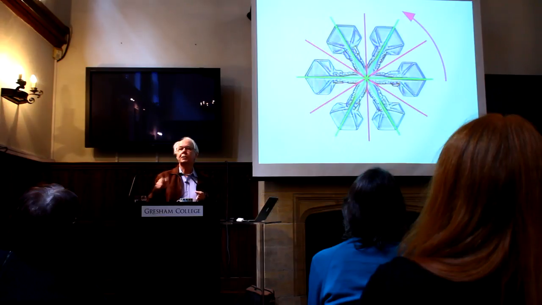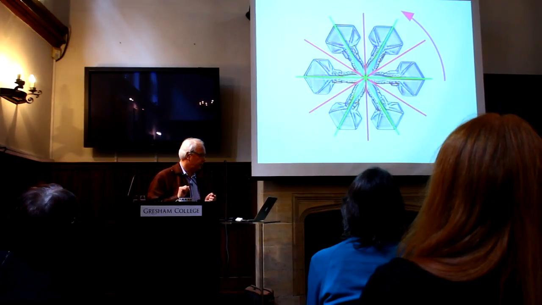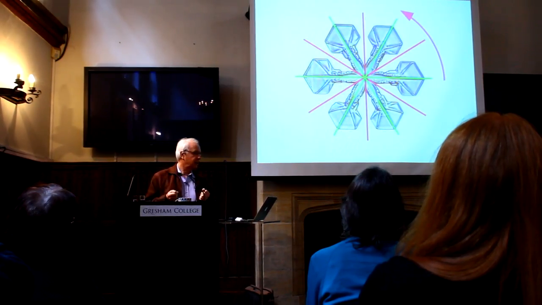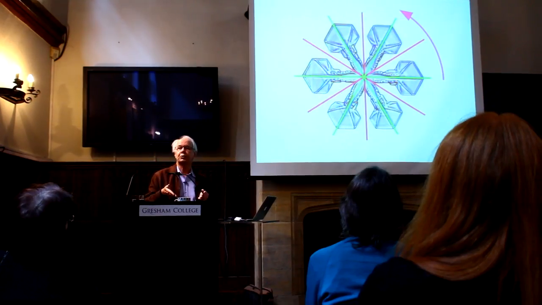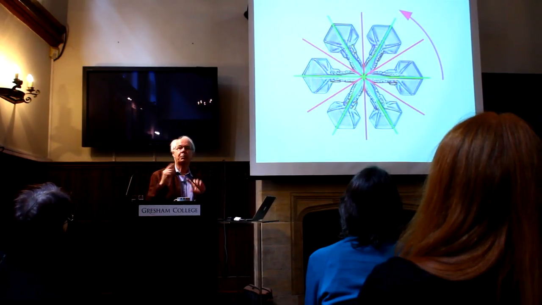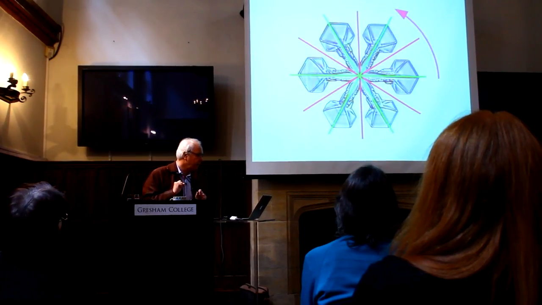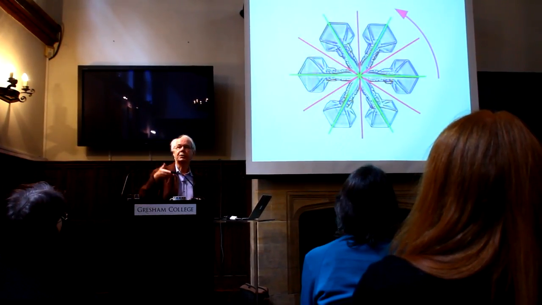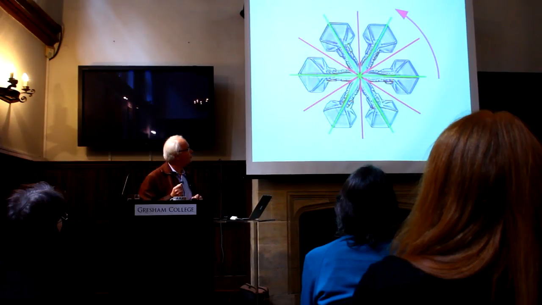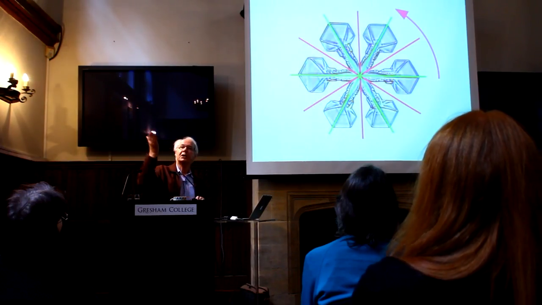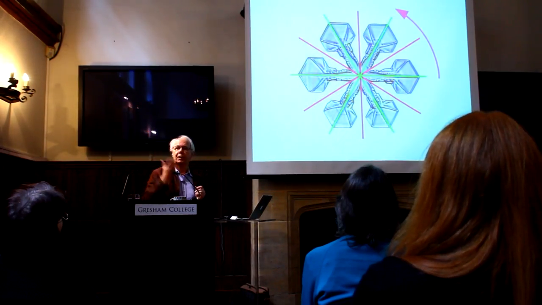In addition to these rotational symmetries, the snowflake has 6 reflectional symmetries. If I put a mirror in the right place and flip it over, it looks exactly the same. And so there's 3 red lines showing 3 mirrors, which in this picture go between the big lumps of the snowflake.